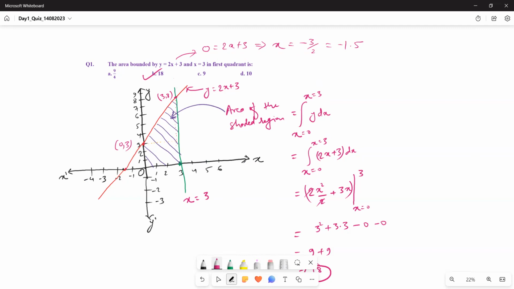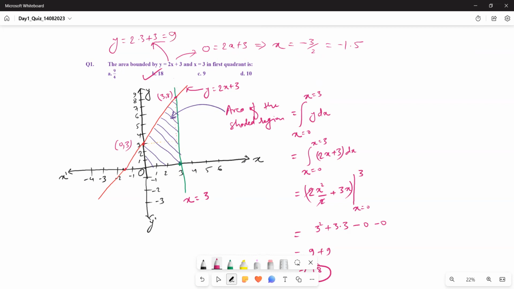So how did I find where it will cut here? The green line is x equal to 3, right? When I put x equal to 3 in this equation, what y point do I get? 2 times 3 plus 3, that is 9.